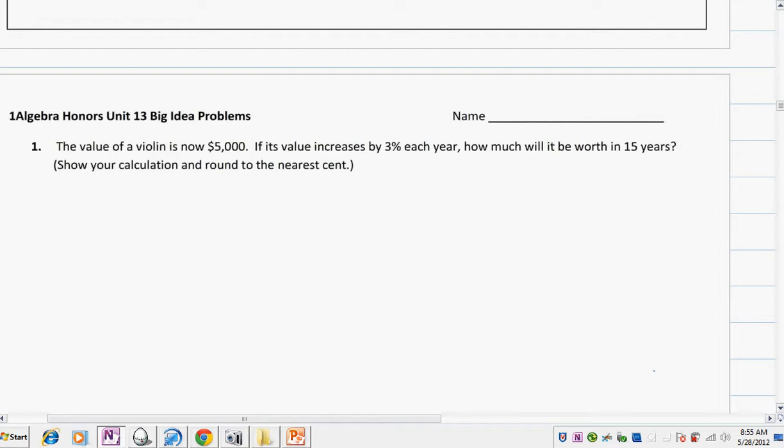So this increases at 3% per year. And so some people might think of this as, okay, well, I have $5,000 in worth, and then the next year it's worth $5,000 plus $5,000 times my 3%.